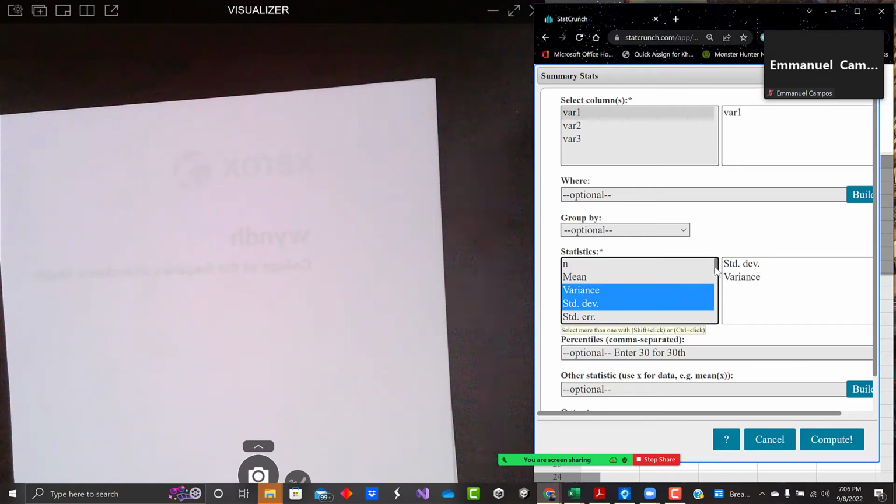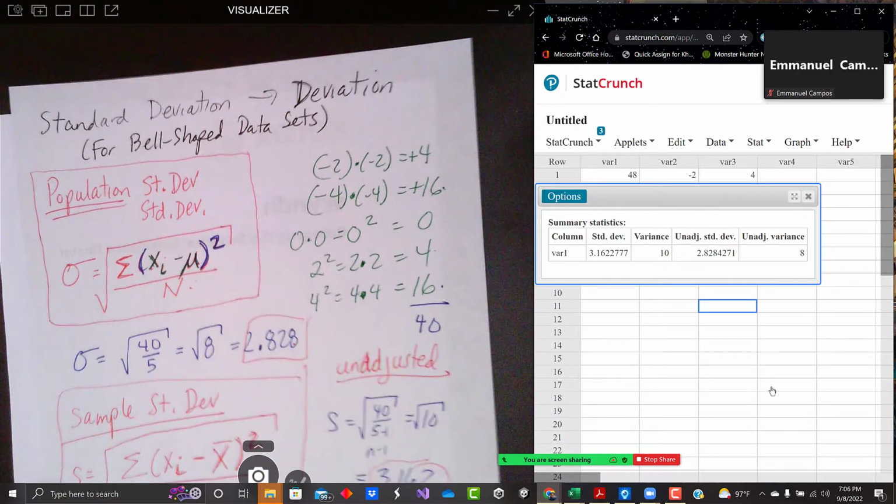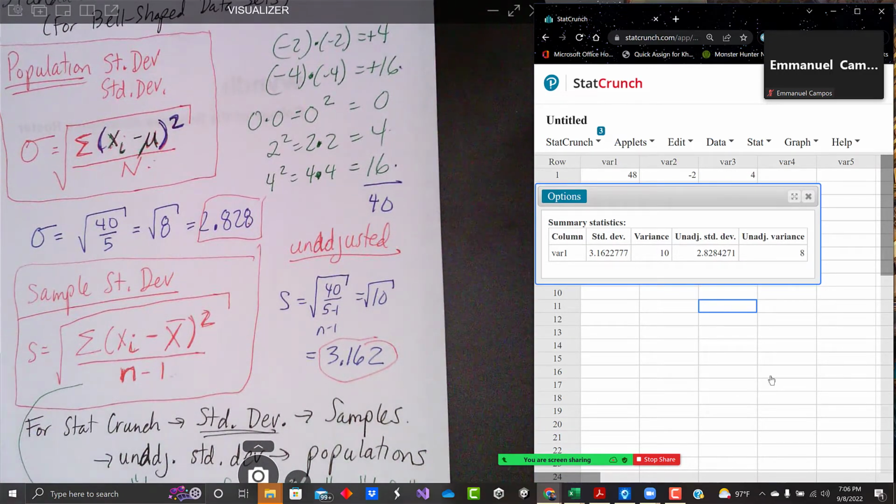Standard deviation goes with variance. Unadjusted standard deviation goes with unadjusted variance. I'm going to bring that back up, actually. So variance and unadjusted variance.